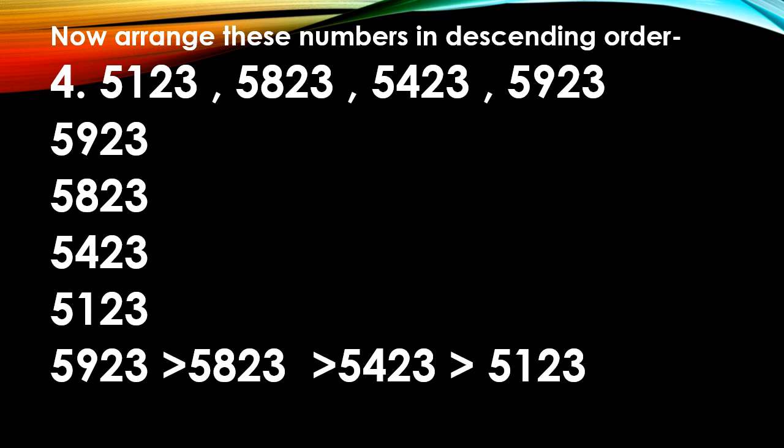After comparing thousands, we move on to hundreds place. We observe that we have 1, 8, 4, 9 at hundreds place in the given numbers. Now, we have to look for the greatest hundred, which is 9. So, 5923 is the greatest number among the given numbers.